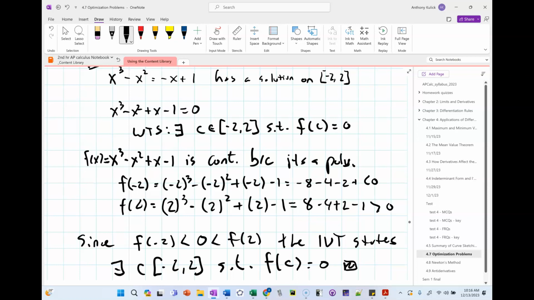Do I care what the actual C value is? I think the C is 1 and negative 1. Actually, I think there's 2. But that's enough.